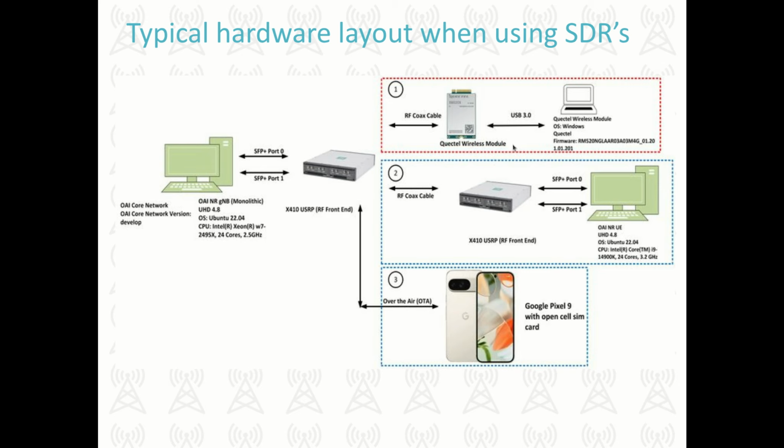Again, this is similar. The one interesting thing that needs to be mentioned here is that you will find that the GNB part is getting implemented in one machine, one setup on Ubuntu OS, connected with an SDR, and the NRUE also is getting implemented in another setup connected to another SDR.